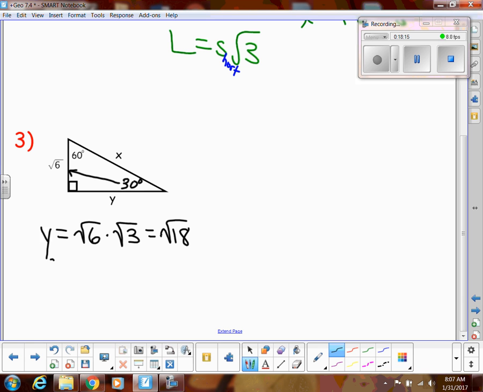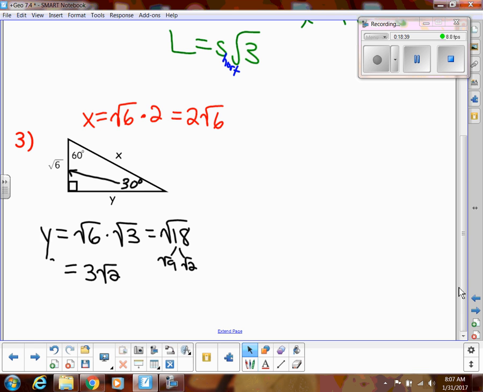And then simplify that. That can be broken down into 9 and 2. So that's going to be 3 root 2. Okay. And then for my hypotenuse, x, we're just going to take our short leg and double it, multiply it by 2. That cannot be simplified, so just rewrite it as 2 root 6.